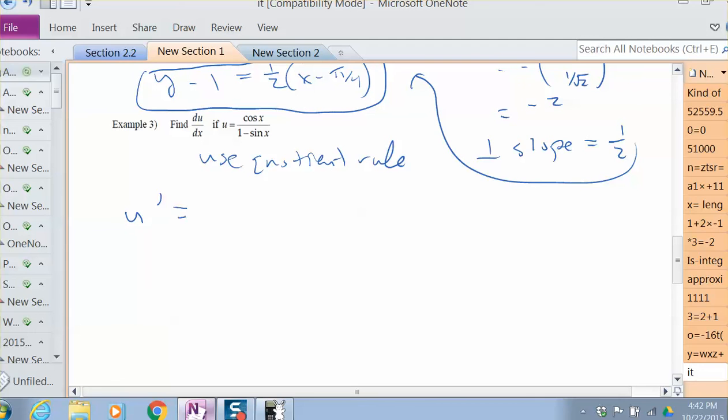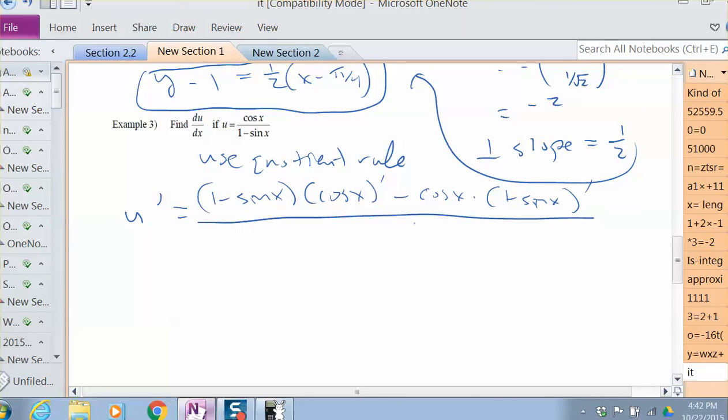So the derivative will be low d high minus high d low over low squared, and away we go. So low d high: 1 minus sine x, times the derivative of cosine x. So derivative of the top times the bottom, minus high d low, over low squared.